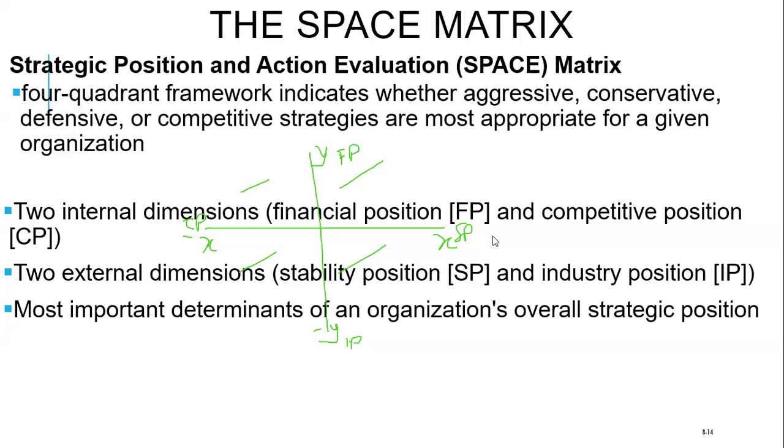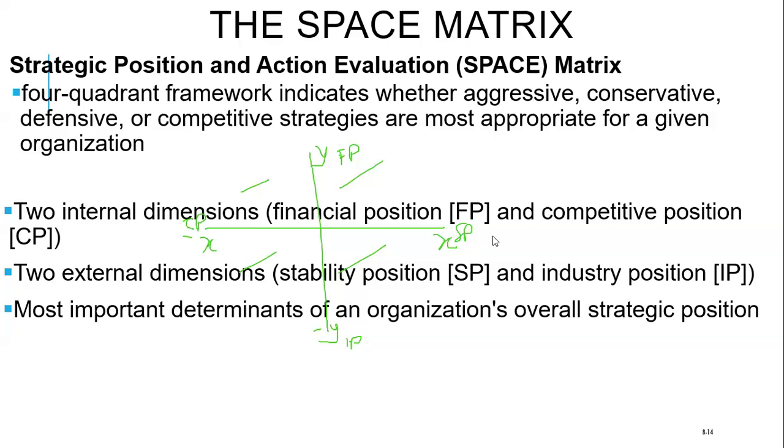Let me take it again. For competitive position, it is ranging from -1 to -7. And the closer you are to the point of origin, which is somewhere here, then it showcases that your competitive position is stronger.